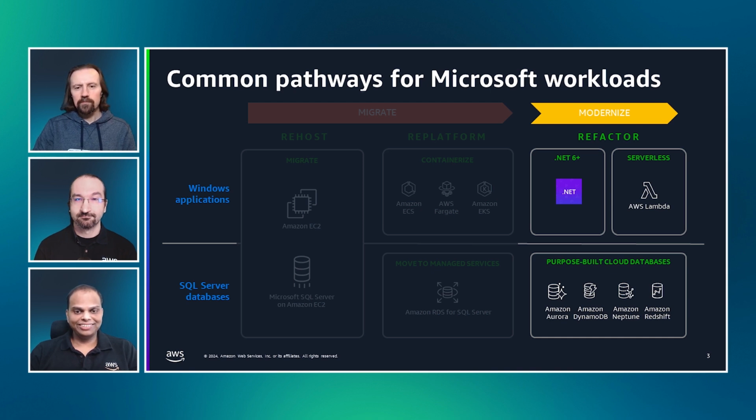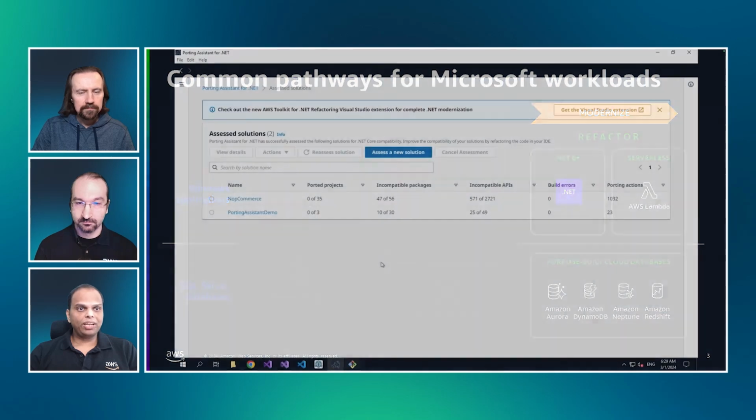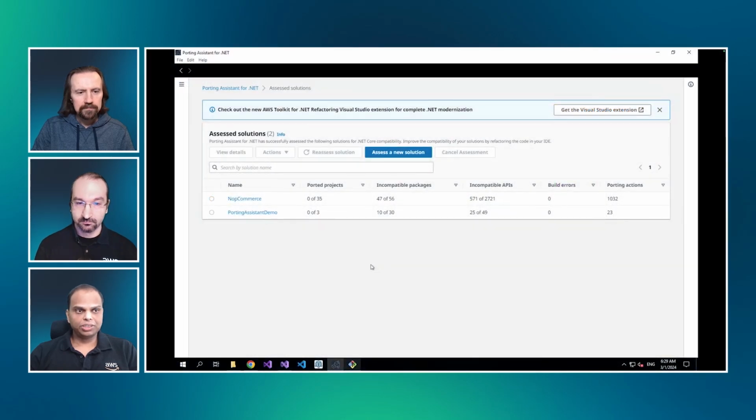Nice. Cool. So in terms of this modernization stuff, I'm very familiar with pricing and designing standard Microsoft architectures on AWS using things like EC2 and RDS. But how would I go about estimating the cost and designing an architecture pattern for a modernized workload on AWS? Yeah, that's a common feedback that we hear from our customers too. When they are migrating their workloads onto AWS, it's easy for them to visualize.